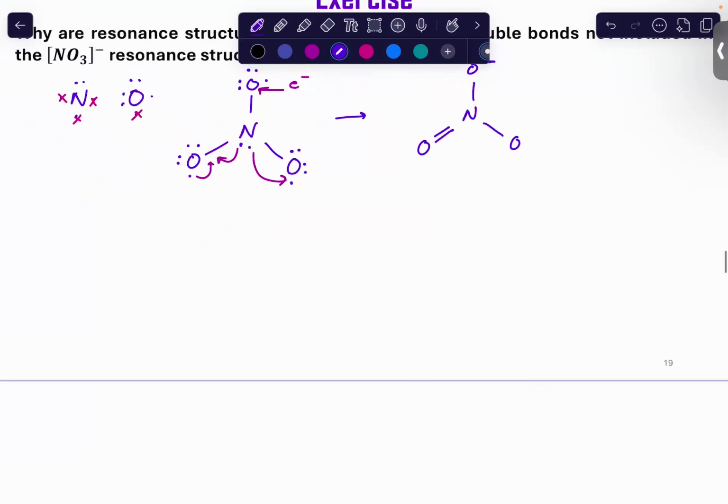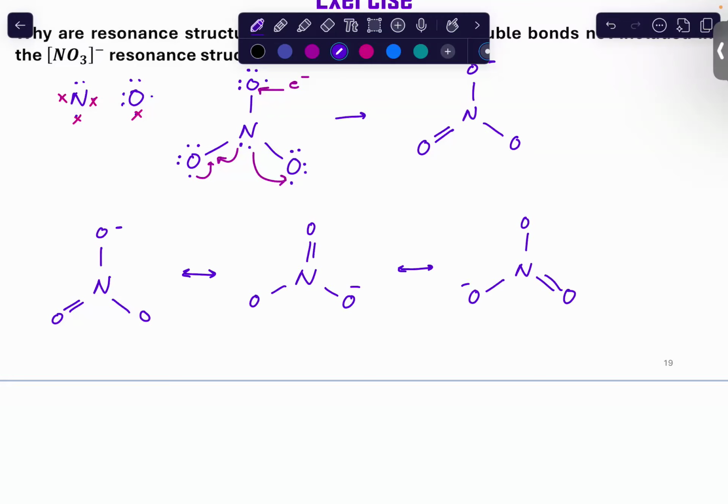So remember that nitrate, and just so you know, I didn't have to make that negative sign go counterclockwise like that.